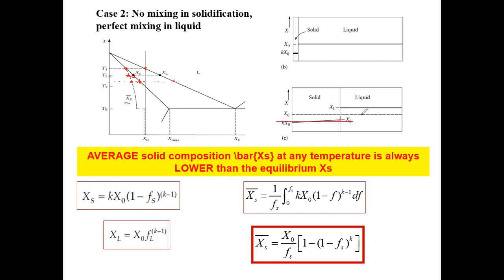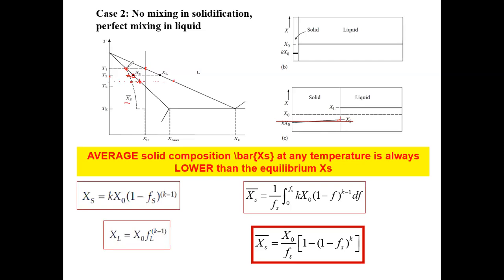And as you proceed to the right, the difference between the equilibrium value and the actual average value of solid composition deviates more. Does this make sense to everyone? So basically the solidification is following a pathway which deviates from the equilibrium pathway.